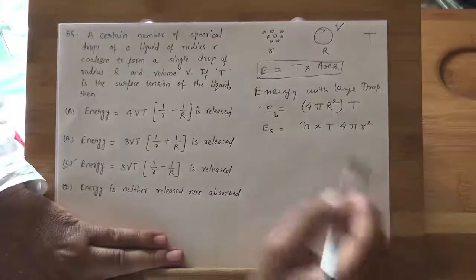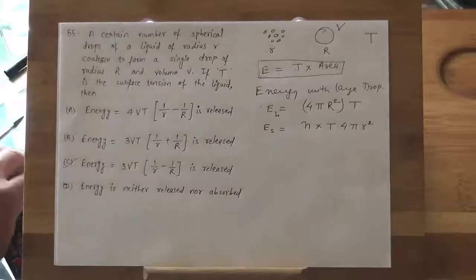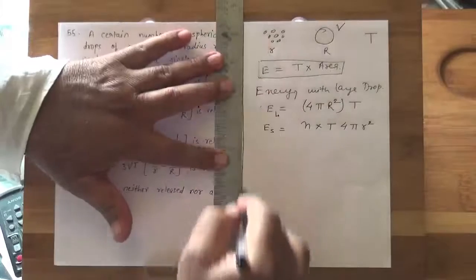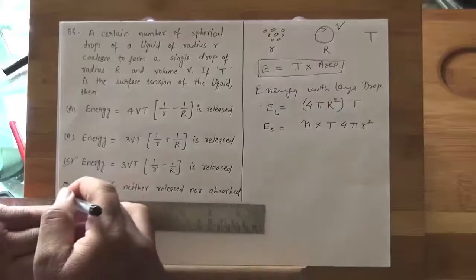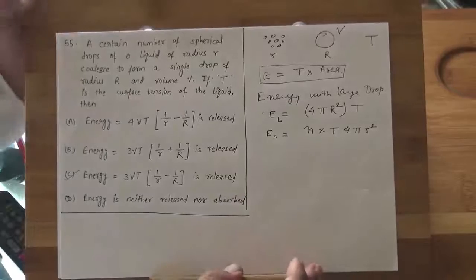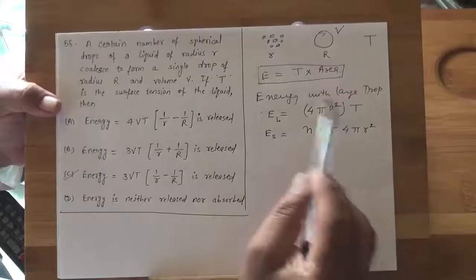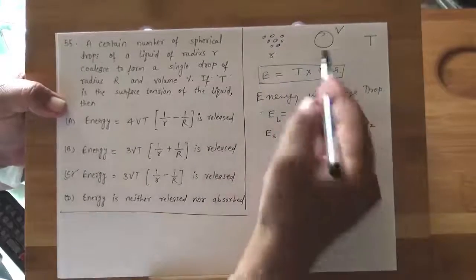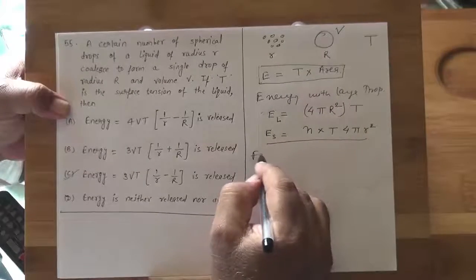How do we find out n? The answer is n drops together make a large drop. So we can always find out how much n is equal to. How to calculate n? The answer is very simple. The total volume of the n drops makes one volume of this. So what is one volume of this?